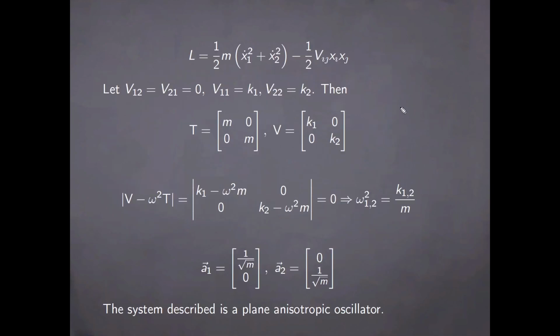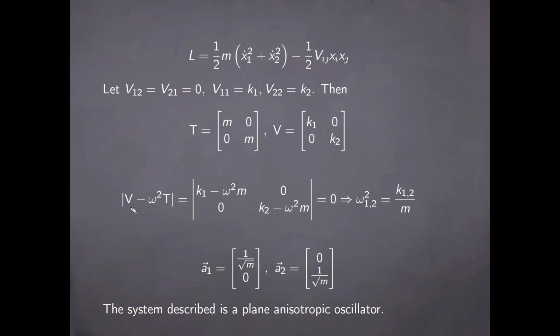To hopefully make the physics a bit more clear, we can once again look at a simple example. So we will return to the Lagrangian that we've studied previously, and now we let the off-diagonal elements of the V matrix be 0, and we assign the values k1 and k2 to the diagonal components. So then if we write the operators T and V explicitly, they have the matrix representations given here.